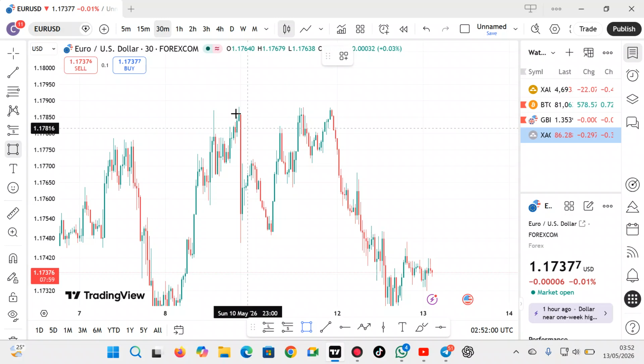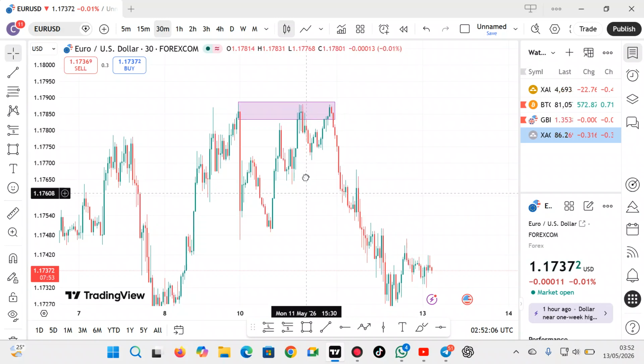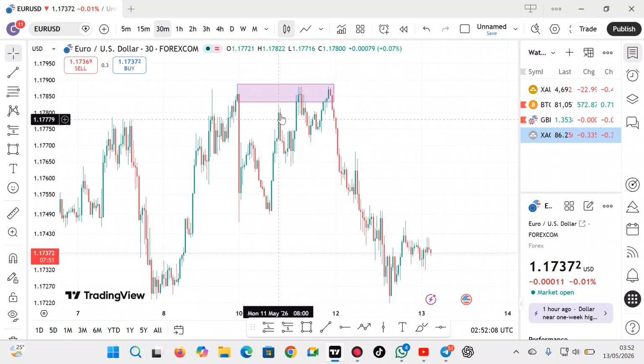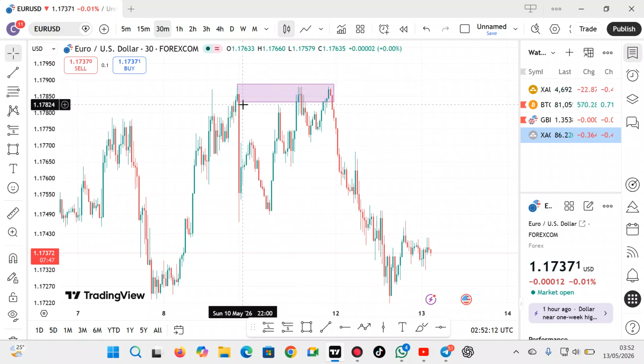Now if you watch, this is an order block. So this order block did not just come here to start dropping. No, the market started dropping from this order block because this is a supply zone, right? And if this is a supply zone in a higher time frame, it is also a key level.